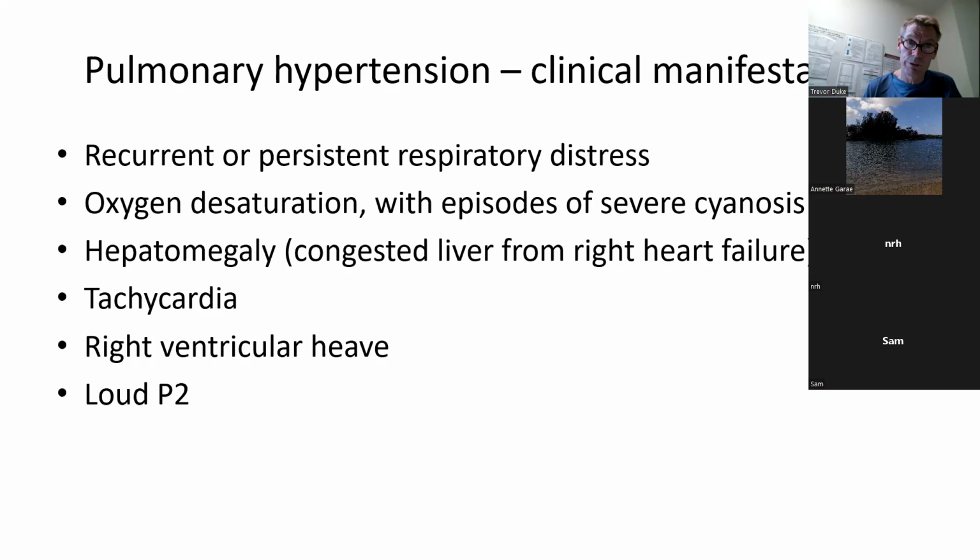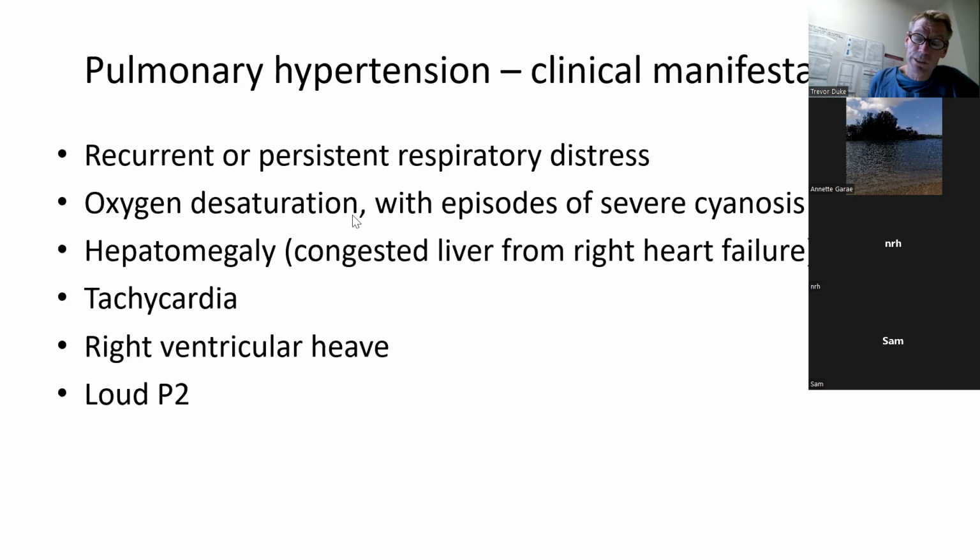And I think it's important that we become quite good at diagnosing pulmonary hypertension and knowing its clinical features. These children often have recurrent or persistent respiratory distress. So even after they get better from their pneumonia or their acute respiratory infection, they often have respiratory distress again and are brought back into hospital.